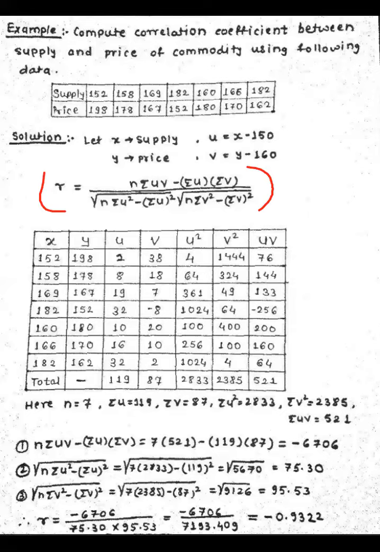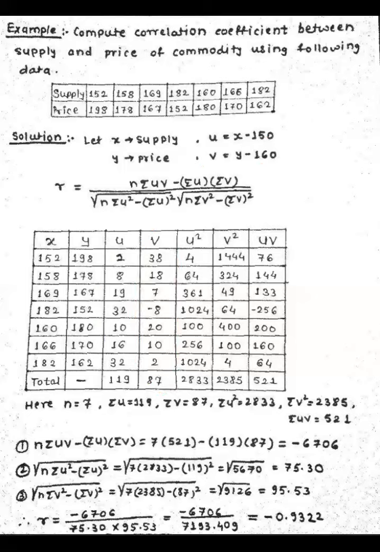Now to find the r value, we require three columns: two columns for squares and a third column for the product. So here, students, x is considered for supply and the y column is considered for price. Then prepare the next column for u with the help of this formula. Similarly prepare the v column with the help of this formula.